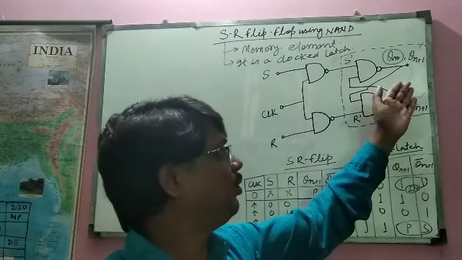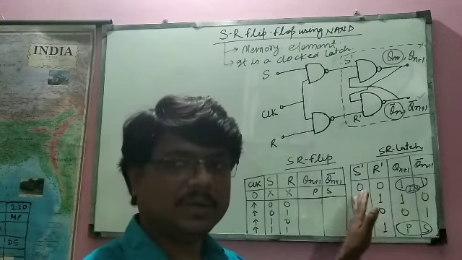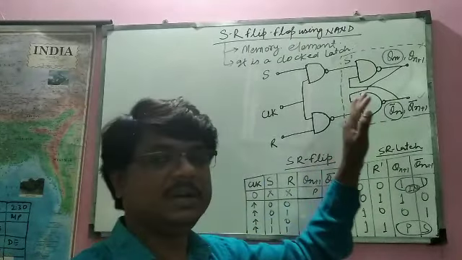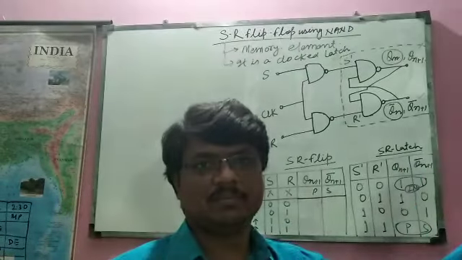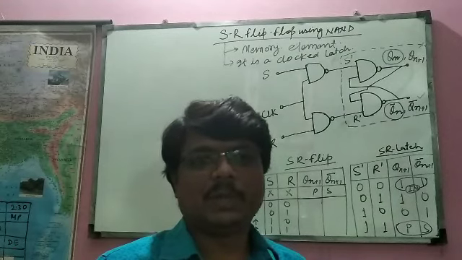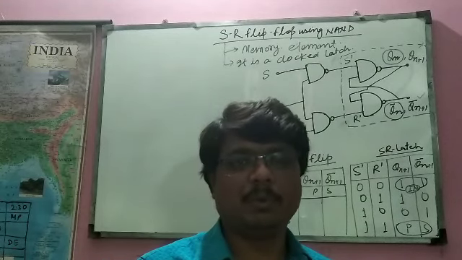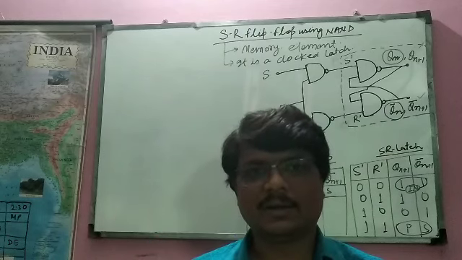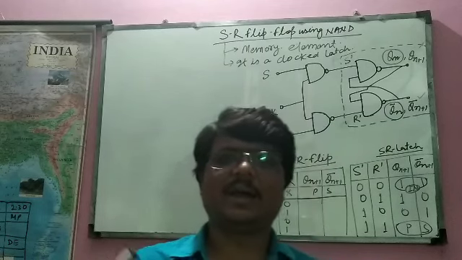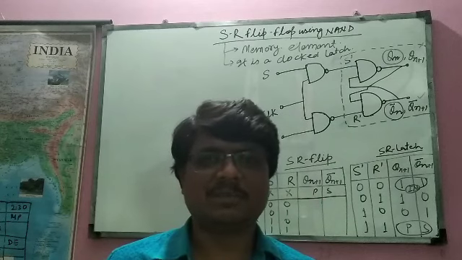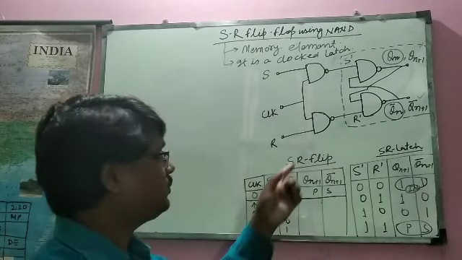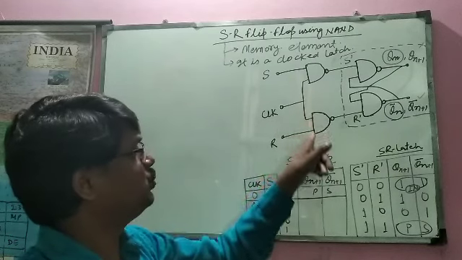What you store here, if you leave this open, is going to change. So there is no meaning of memory. If you have stored something and it changes in between, and at the end when you need it, it is something else, then it is of no importance. So this is the reason we use this circuit.